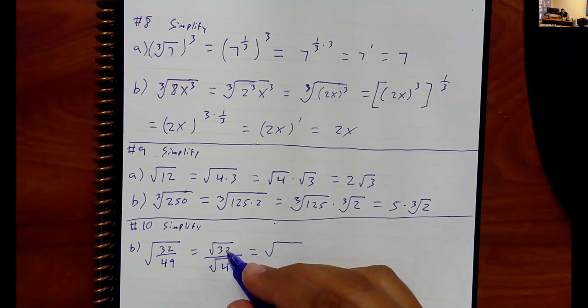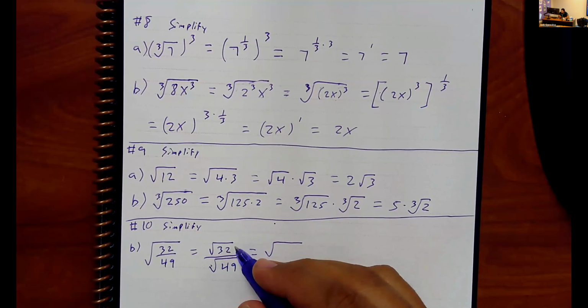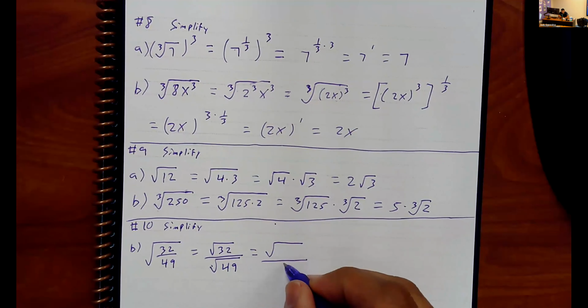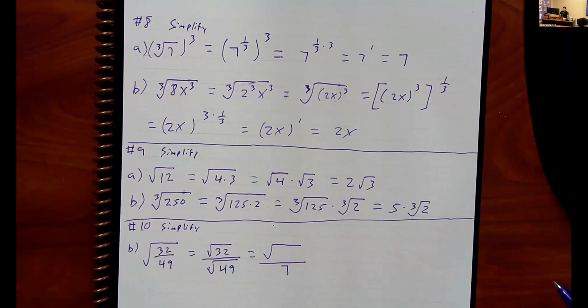up here you have 32. So what is the squared number that we should factor out? On the bottom, we're good, right? That's just a 7. Four does work, but we want to pick the biggest one. What's a bigger squared factor?